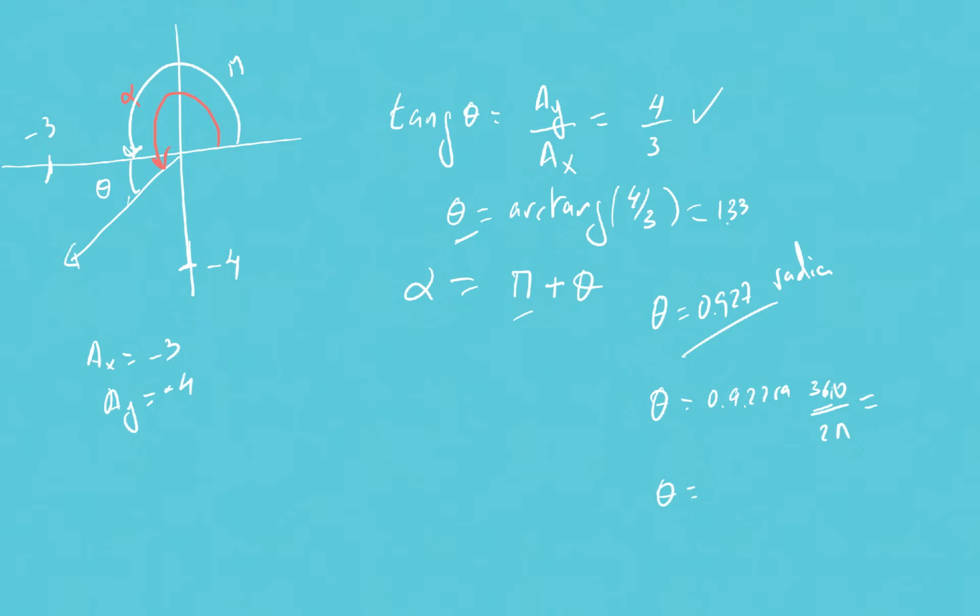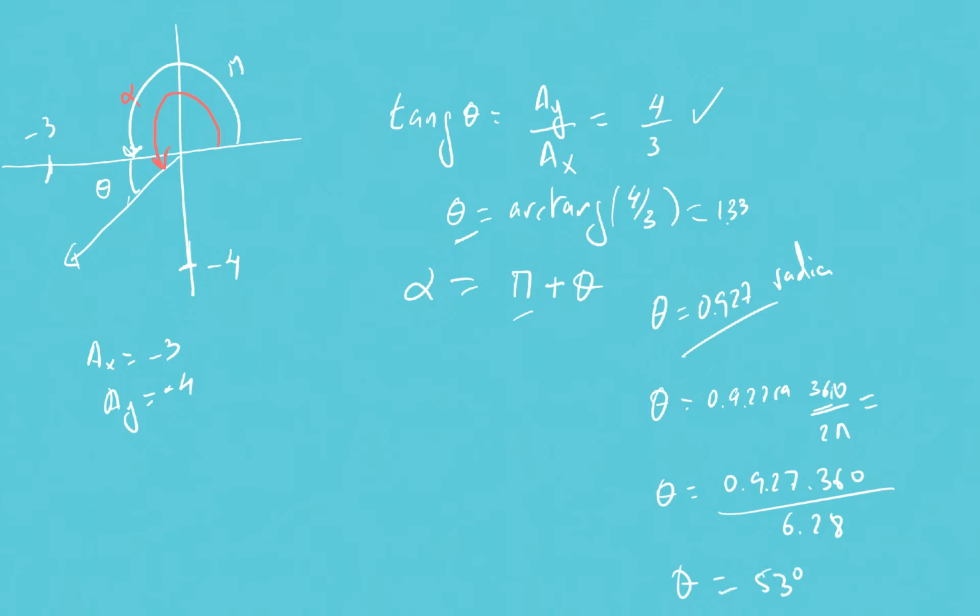So theta will be 0.927 times 360 divided by 6.28, and the angle is 53 degrees.